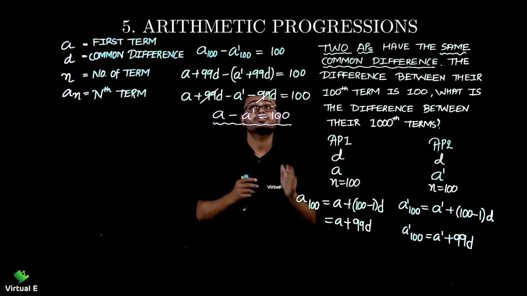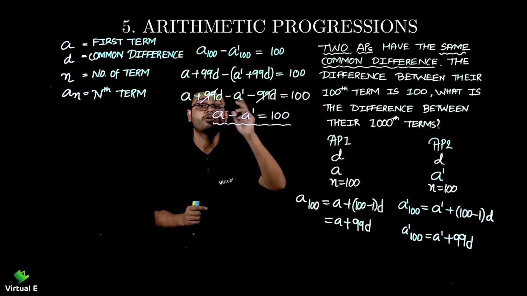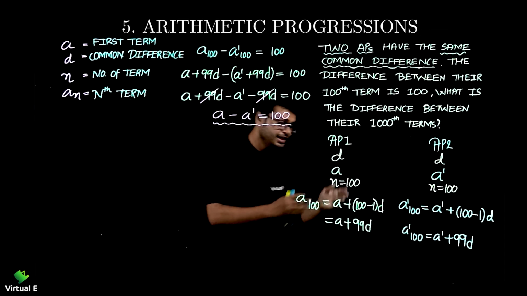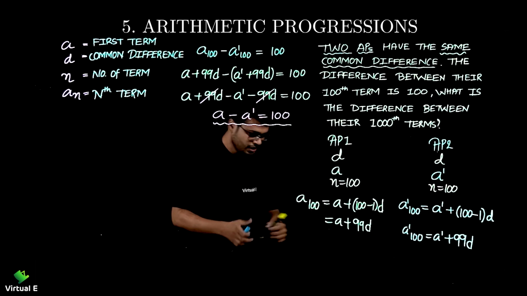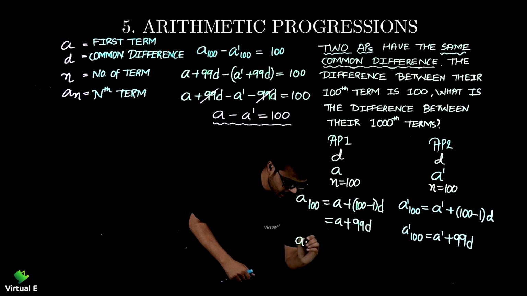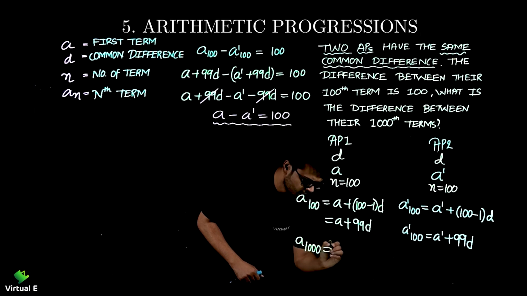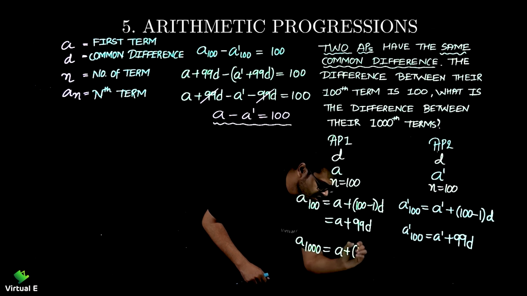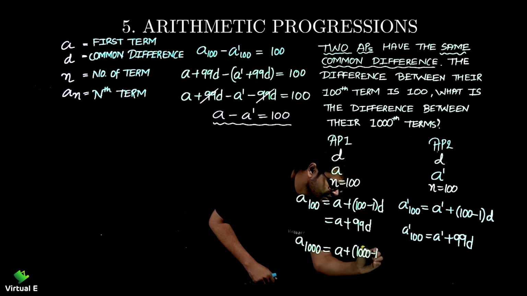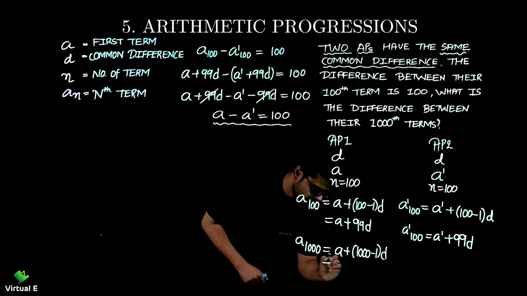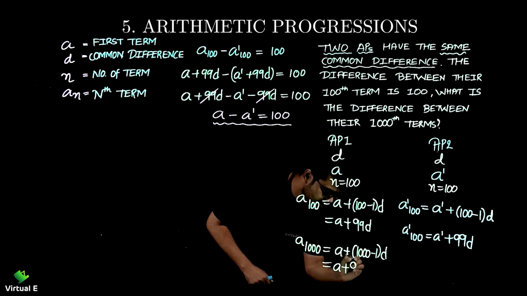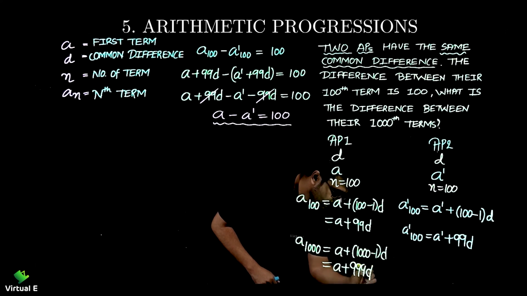For that, first of all, we need to have the 1000th term for each of them. So let's get the 1000th term. Let's take 1000 over here. A1000 is equal to A plus (1000 minus 1) into D, so A plus 999D.